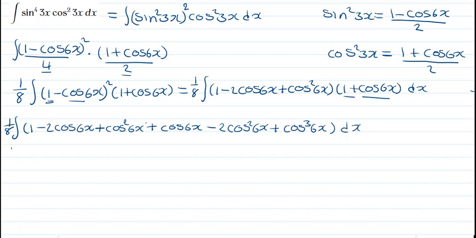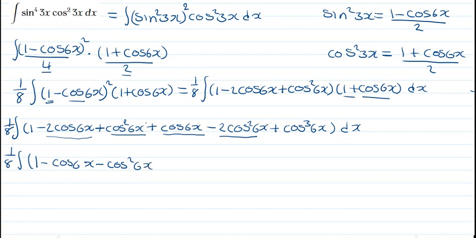Simplifying this, we're going to have 1 over 8 of 1. So when you add negative 2 cos 6x plus cos 6x, we get negative cos 6x. So we have cos squared 6x minus 2 cos squared 6x, we get negative cos squared 6x. Then plus cos cubed 6x, everything dx.